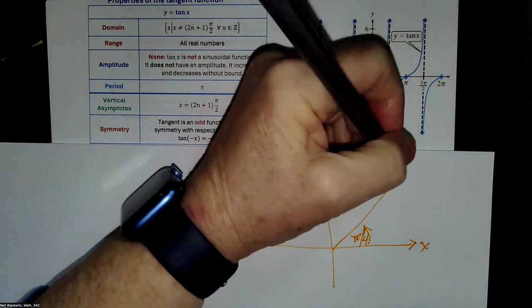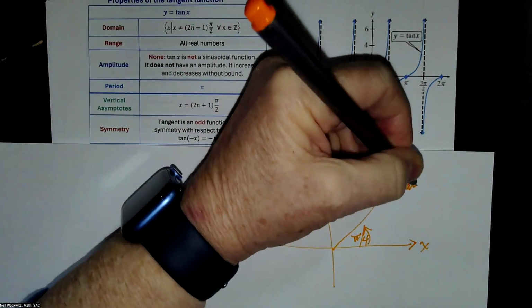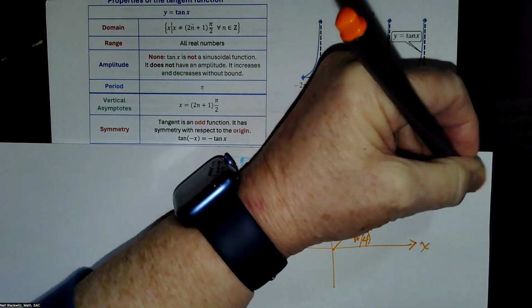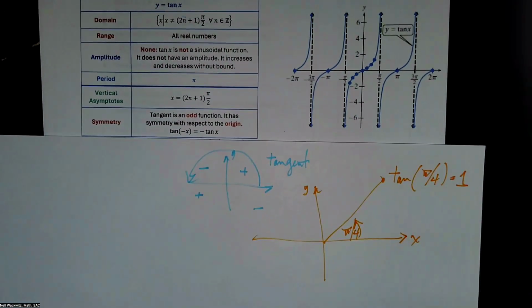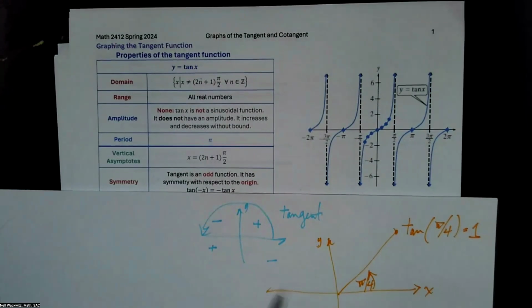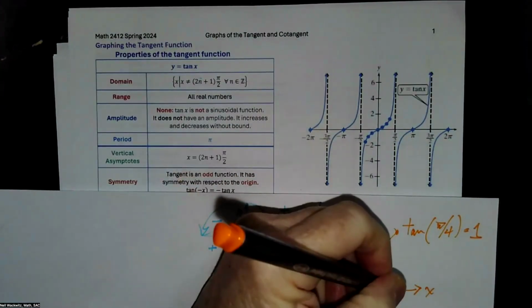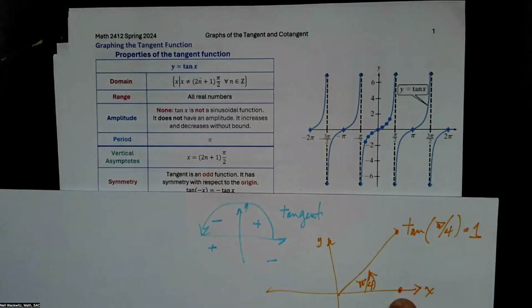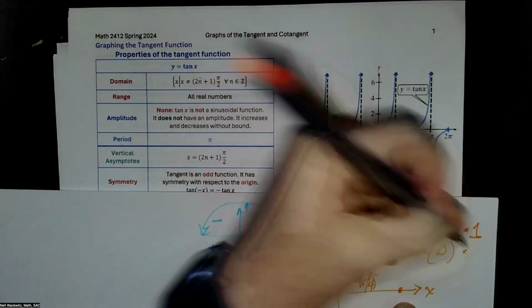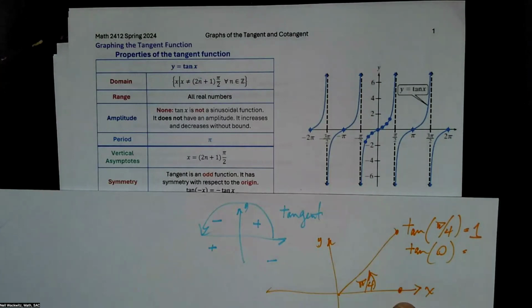Good. That's really important because we know that when the sine is 0, in other words, where we start off at 0 radians, we have sine divided by cosine.